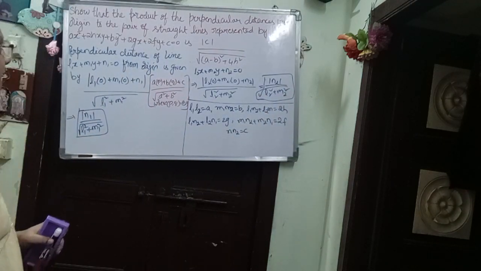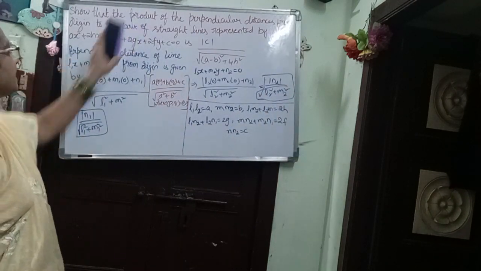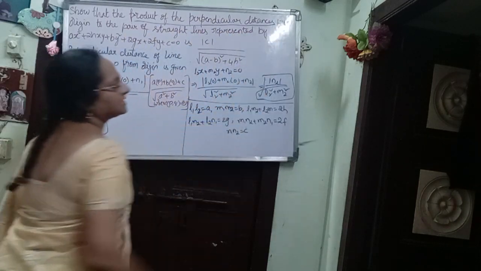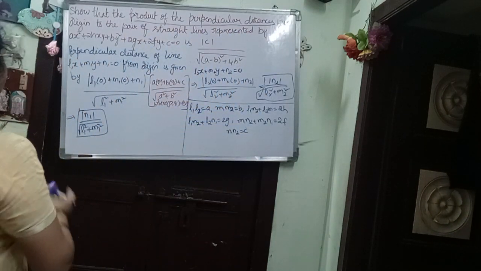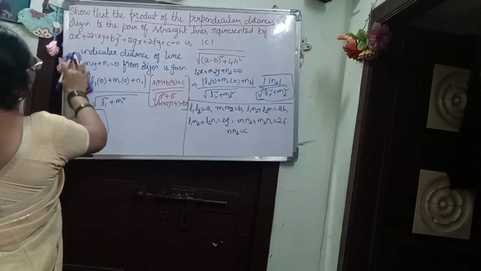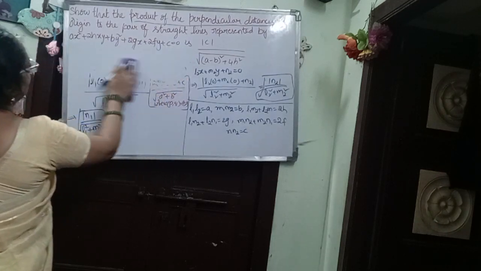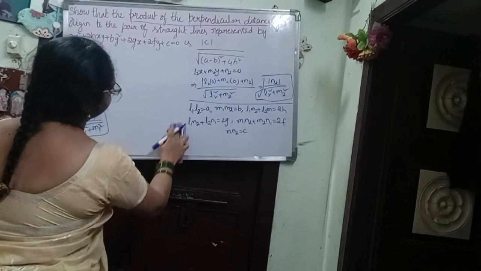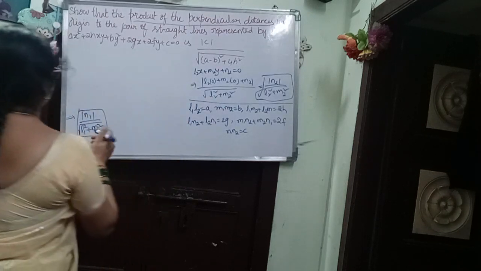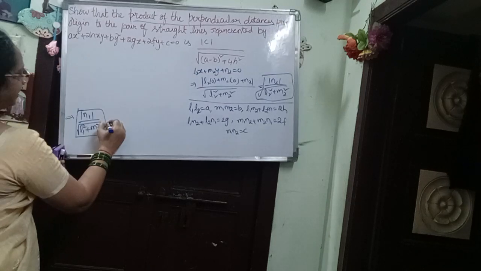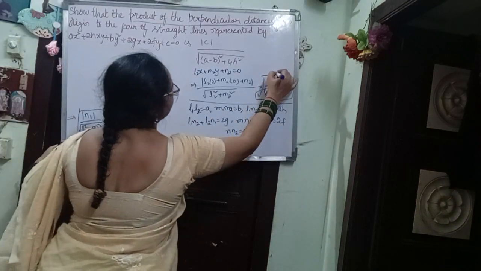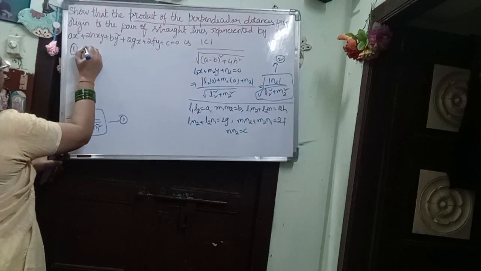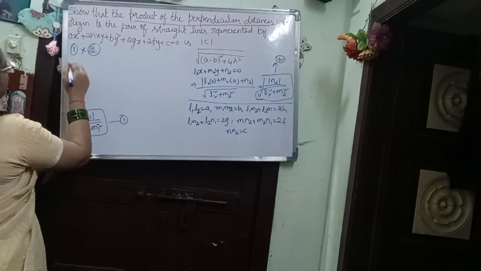So what to do? We have to multiply. Here they asked about the product of perpendicular distances. So we have to multiply the two expressions we got. Take this as 1 and this as 2. So product, equation 1 into equation 2. What you will get?